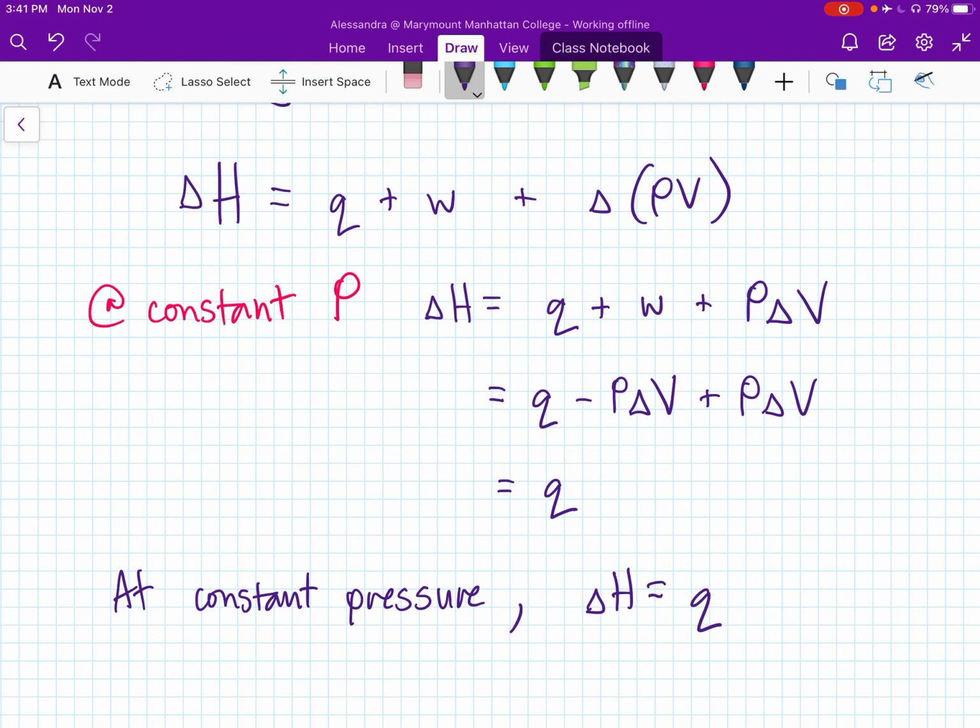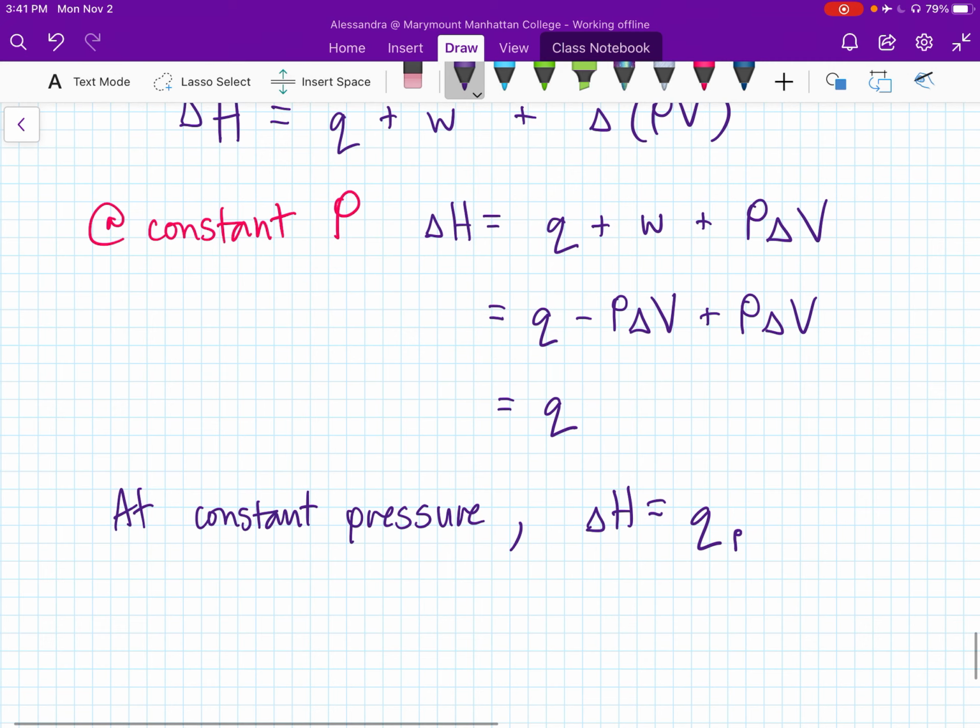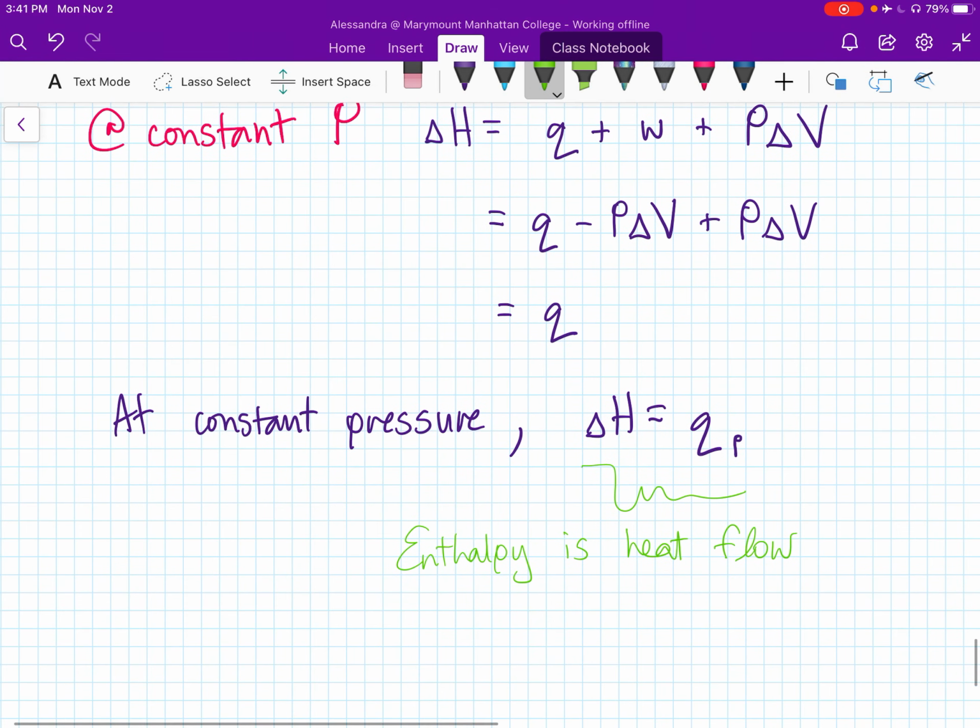Sometimes you'll see a little subscript P here to indicate that we're talking about constant pressure. So another way of defining it is that the change in enthalpy is equal to heat flow. Remember, Q is heat flow, a path function, at constant pressure.